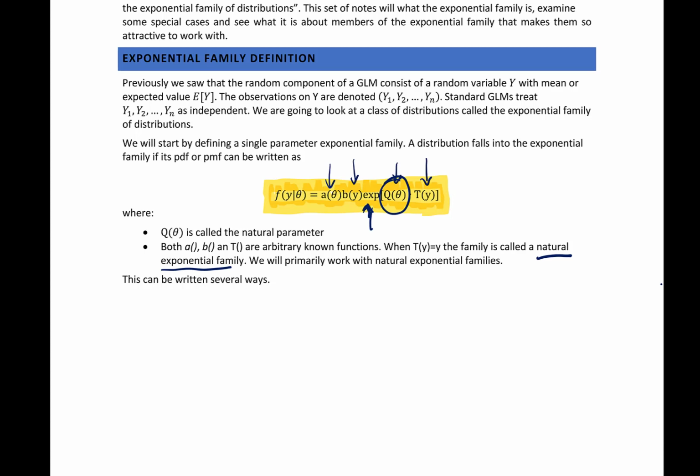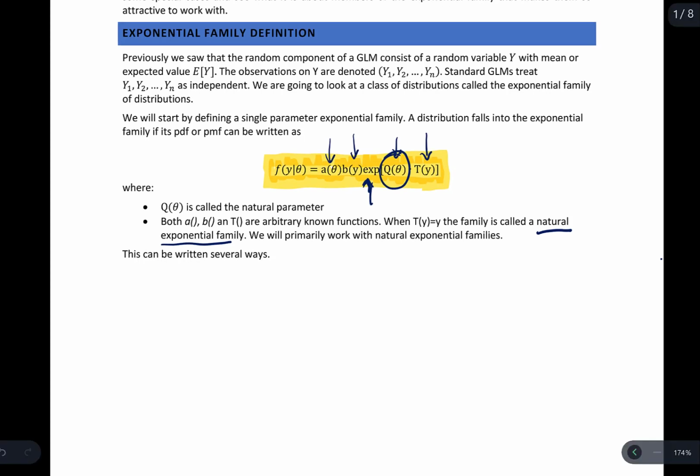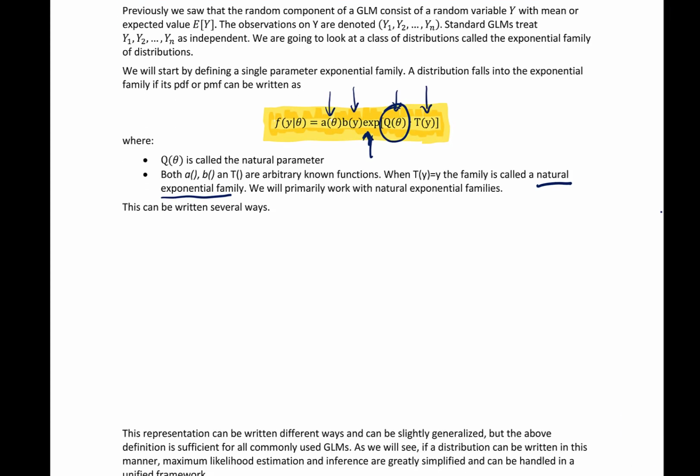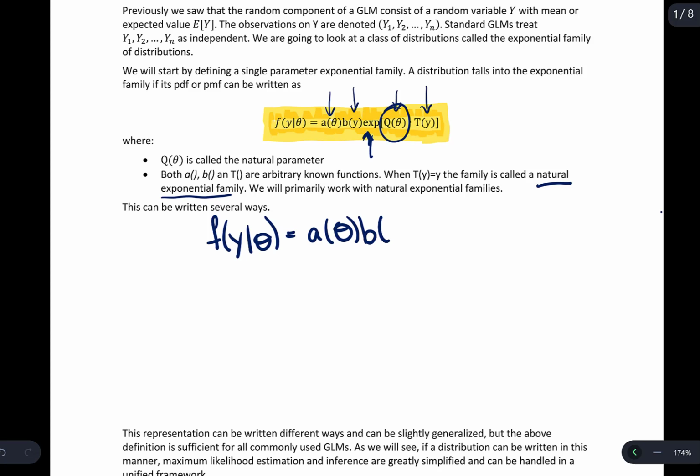Just to illustrate what I mean by the notation, we're going to look at a couple different formats for how this could be written. The first one is what this would look like for a natural exponential family. A lot of times, if you went to Google and looked up what is a single parameter exponential family, you might see something like the following.